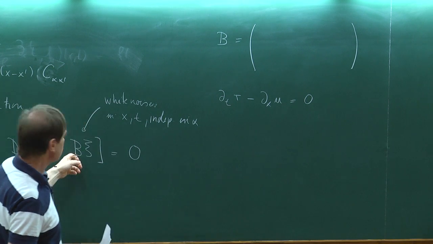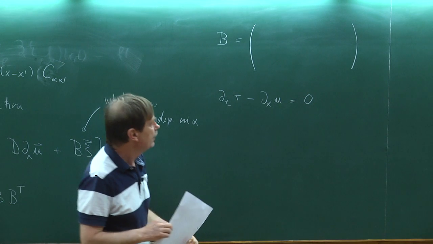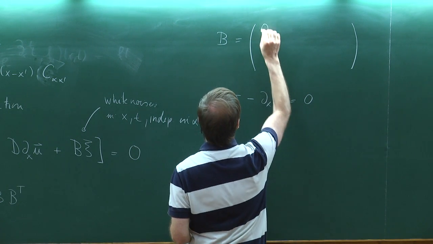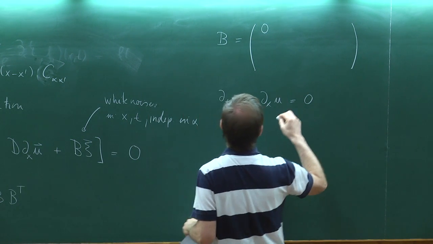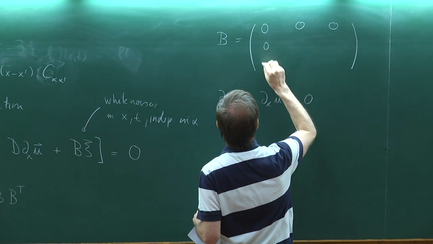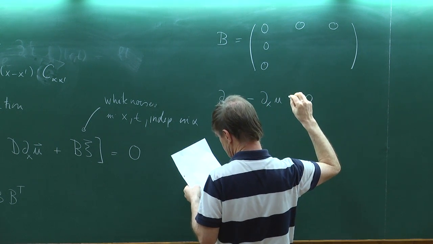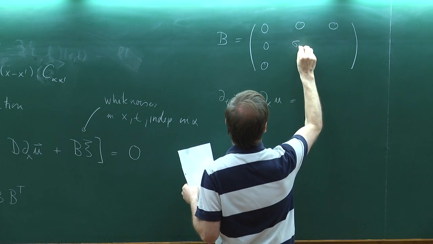So there cannot be any noise here. This is an identity on the microscopic level. And so this term must be zero. And because it's a covariance, this also implies that all these terms have to be zero. Now I put in some noise sigma_u for the u field.